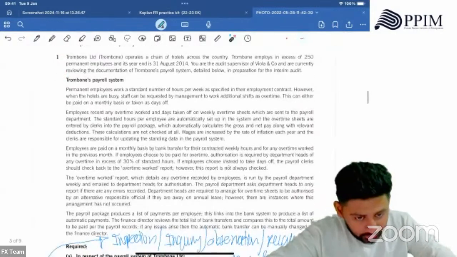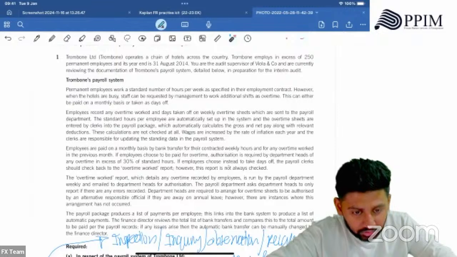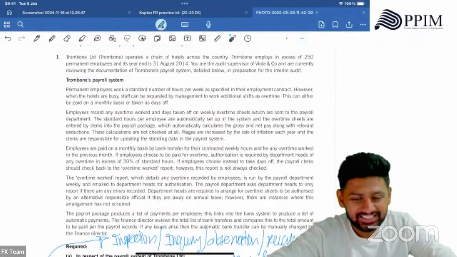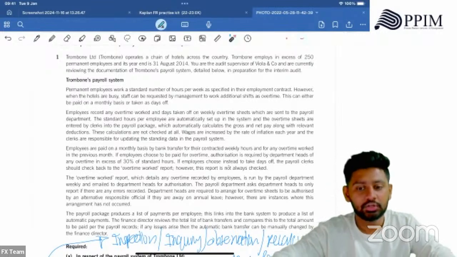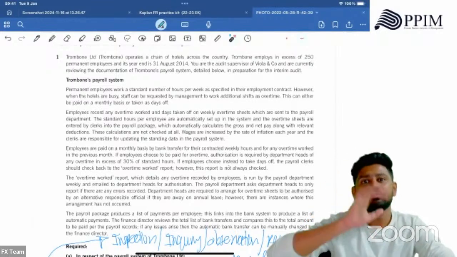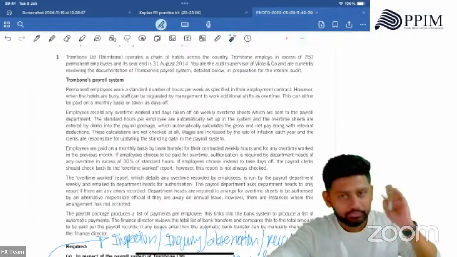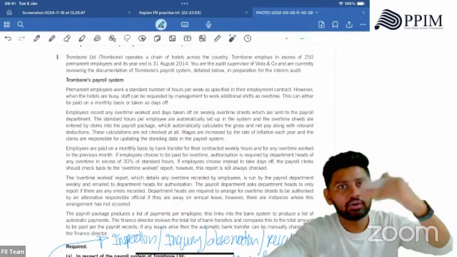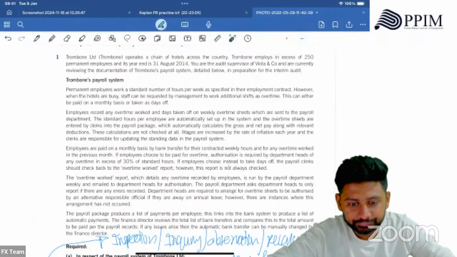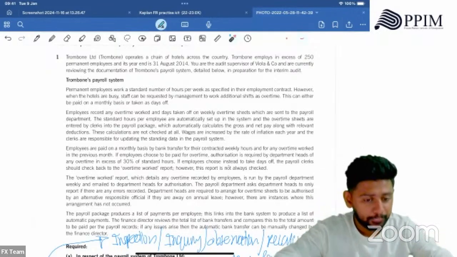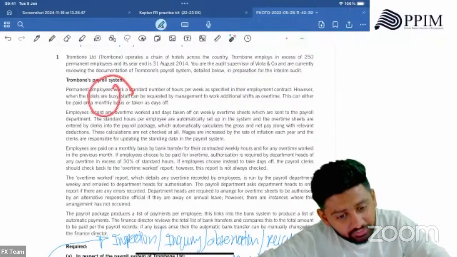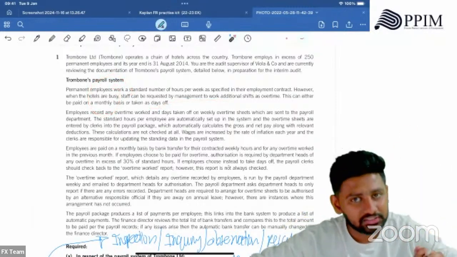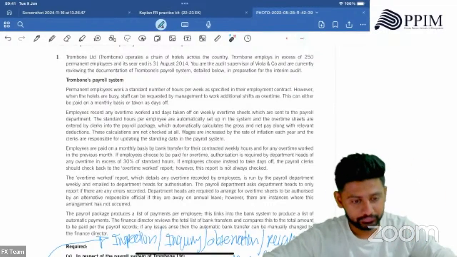Permanent employees work a standard number of hours per week as specified in their employment contract. So for a week, maybe 40 hours in the employment contract. So for a month, 160 hours. However, when the hotels are busy, staff can be requested by management to work additional hours, say 10 or 15 hours as overtime.